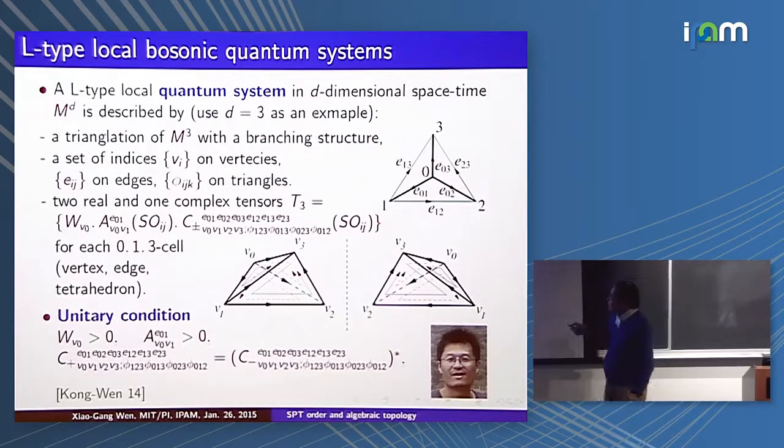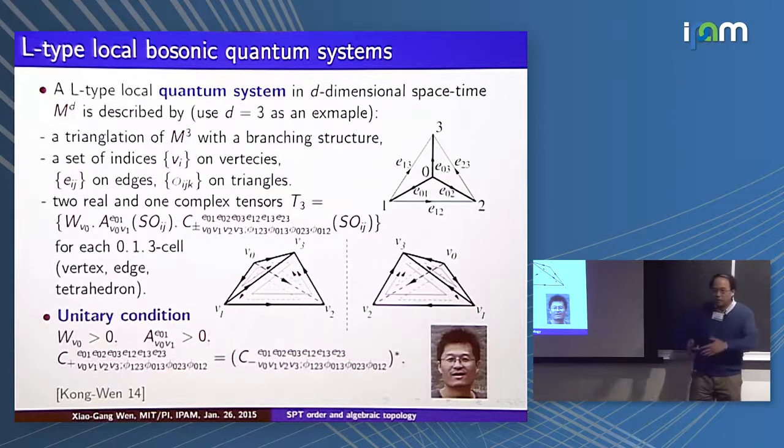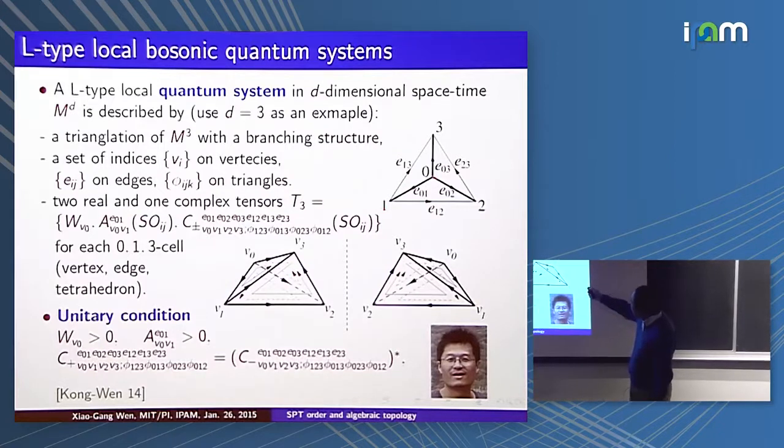And then because we have labels, associated with every simplex we can have tensors. For example, for the 3-dimensional example, for the tetrahedron, we can have this tensor C, where E is an index on the edge, V is an index on the vertex, and phi is an index on the face. And then certainly we also have a tensor on the edge and a tensor on the vertex, etc. Those tensors in general could depend on some kind of connection.